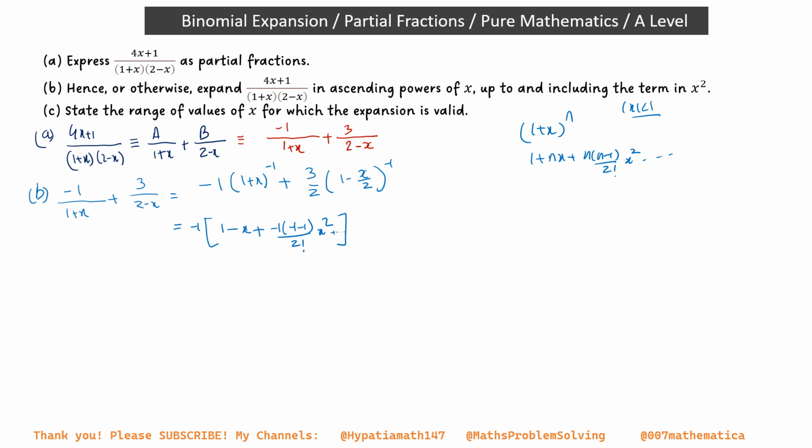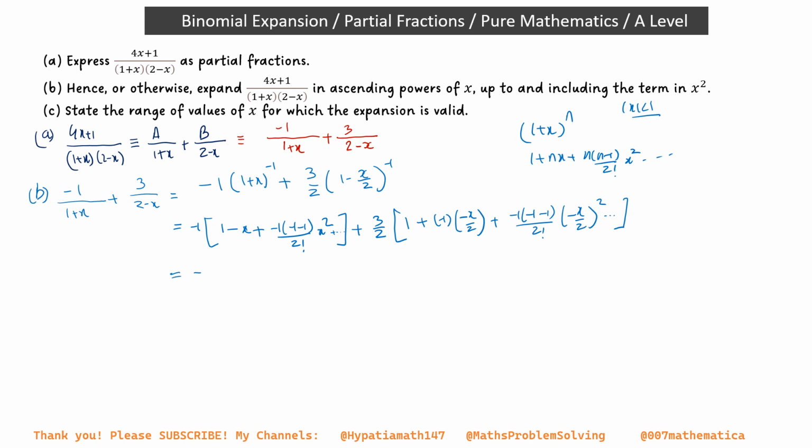Okay, so then plus 3 out of 2, then again we have 1 plus minus 1 times minus x out of 2, then I get plus minus 1 times minus 1 minus 1 out of factorial 2 times minus x out of 2 whole square, and so on, which we will ignore.